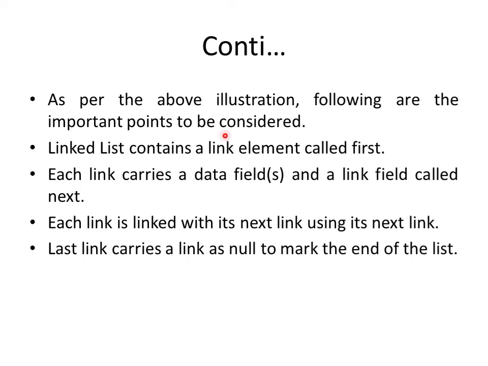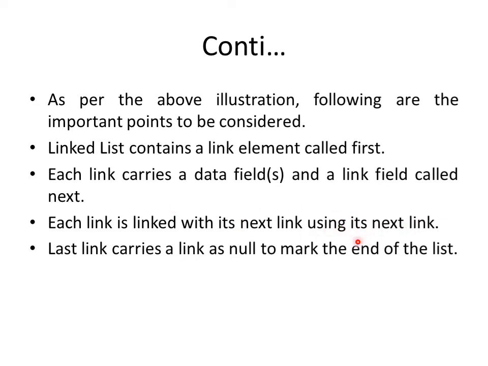As per the above illustration, the following are the important points to be considered. A linked list contains a link element called first, and each link carries a data field and a link field called next. The data field is used to insert an item or element, and the link field stores the address of the next node. Each link is linked with its next link using its next link.